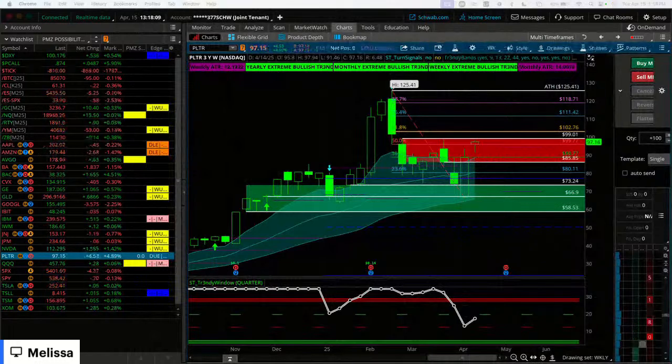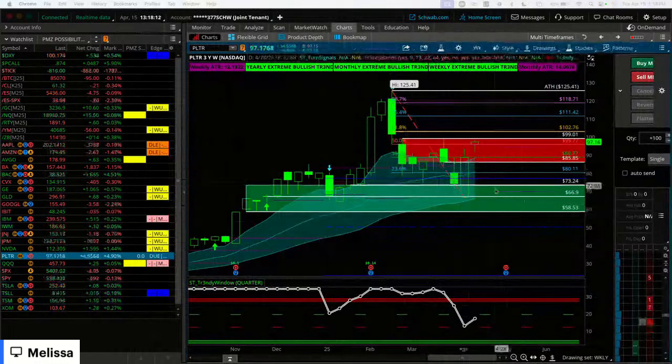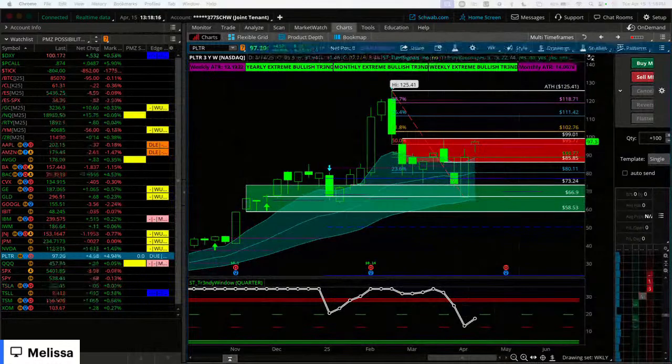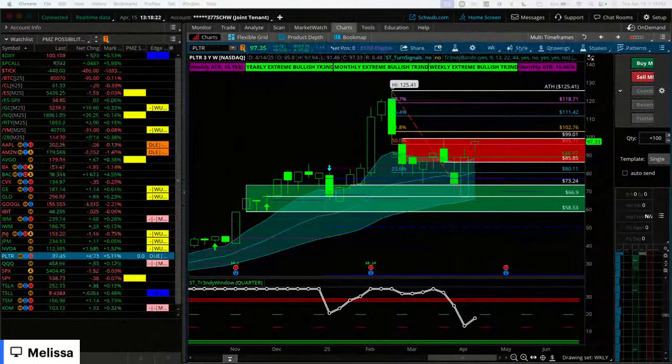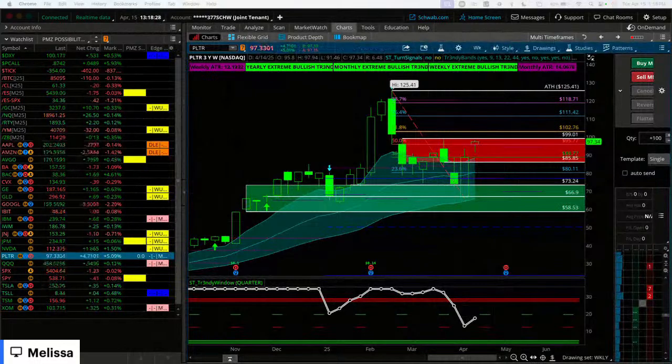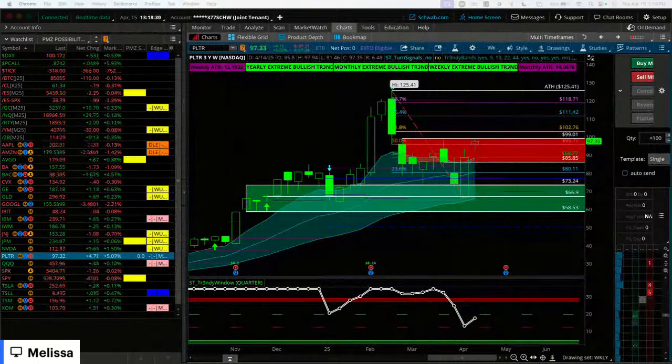I can't show you live because it does expose the code for the indicator, but I have it on that screenshot there in the notes section under Trendy Indicators Explained, and it gives you step-by-step directions on how to get that set up. All right?